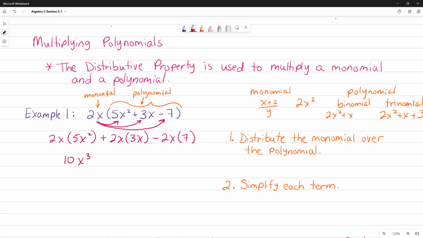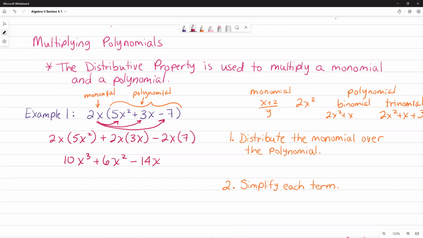All right, 2x times 3x is plus 6x squared. And then the last one, -14x, 2 times 7, which is 14. You would simplify or combine like terms if you needed to, which in this case we don't. All right, so that's it.